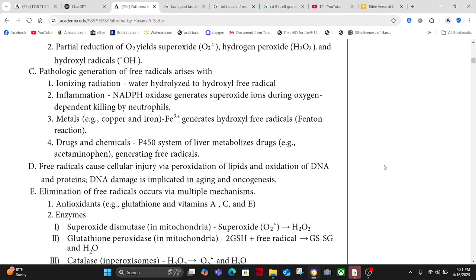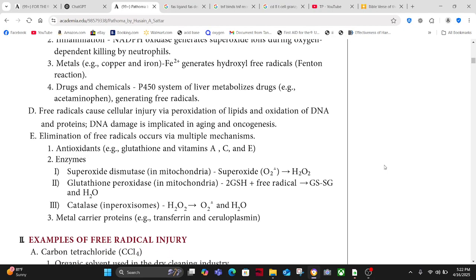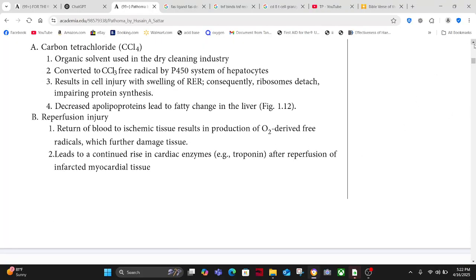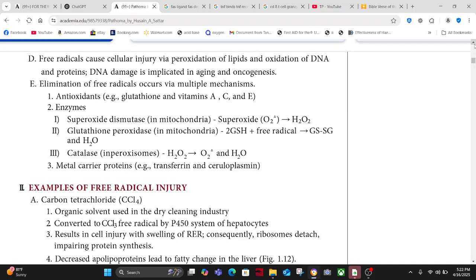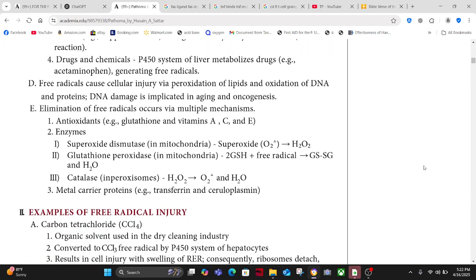Drugs and chemicals: the P450 system of the liver metabolizes drugs, like acetaminophen, and generates free radicals. Free radicals cause cellular injury by peroxidation of lipids and oxidation of DNA and proteins.